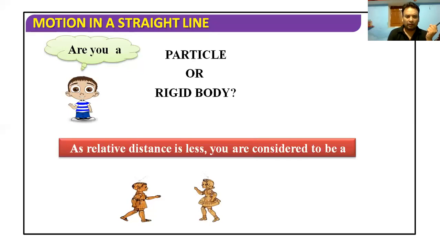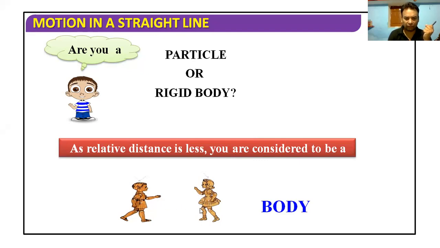As the relative distance is less, you are considered to be a body, because the size of the boy and the girl is comparable to the distance between them.